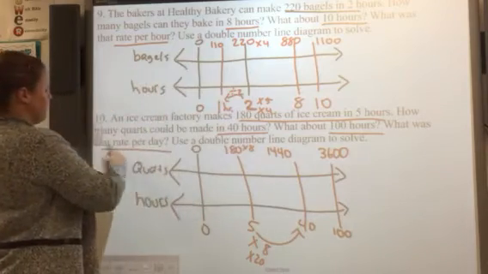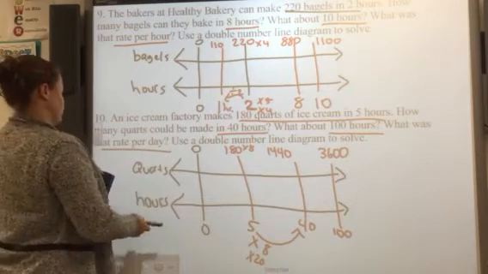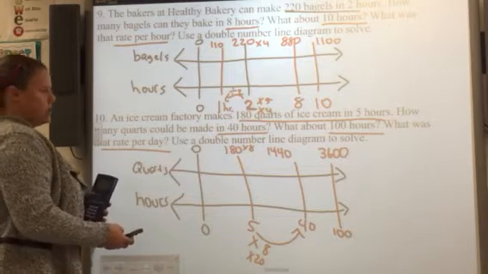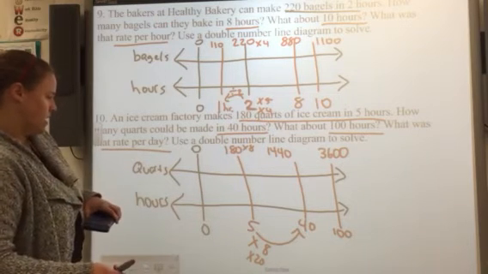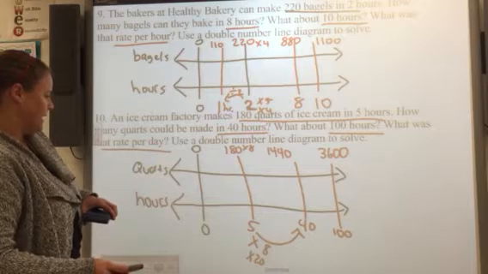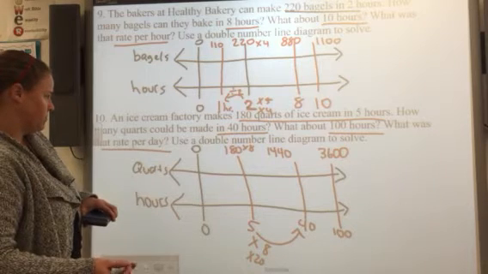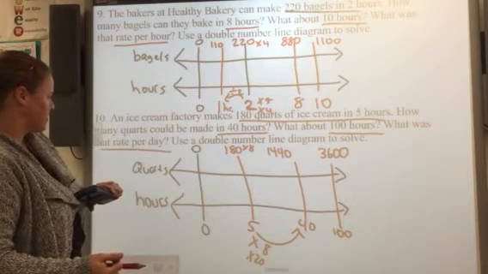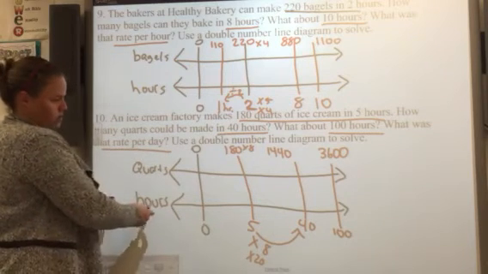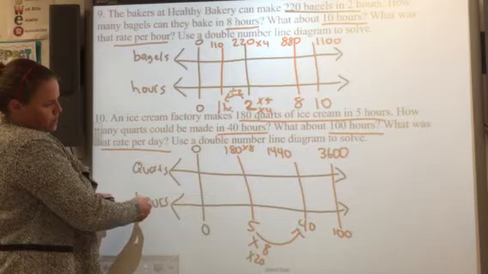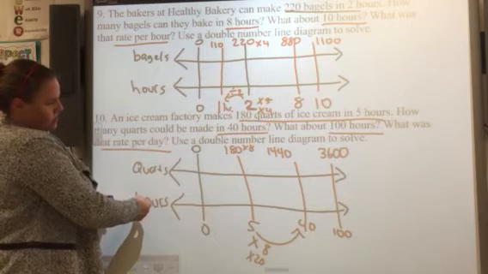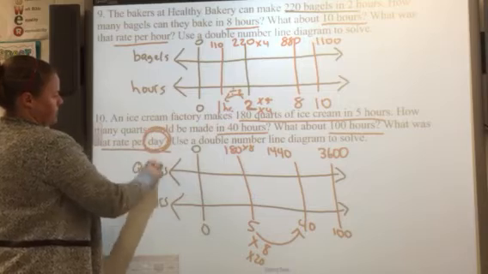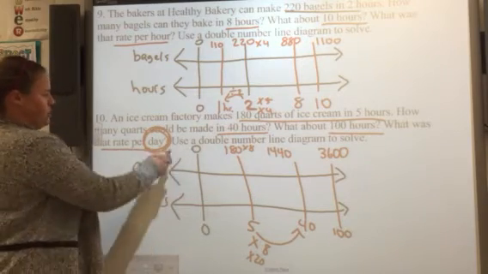And then finally, my rate per day. Ooh, that's a tricky one. I didn't mean to give you that type of question. If I was giving it to you in hours, I guess I should have said rate per hour. So I'm going to do that per hour, and hopefully you can learn from that.